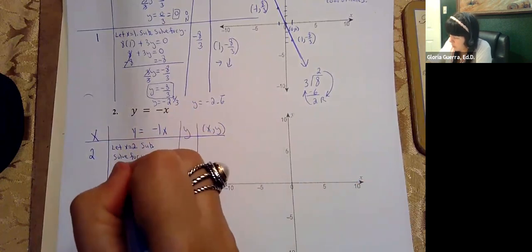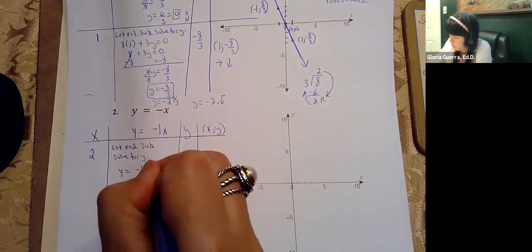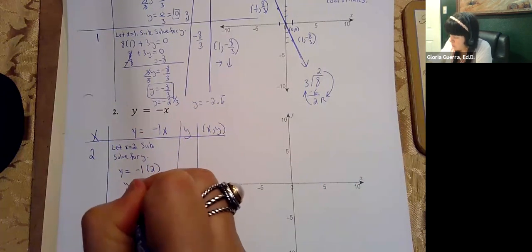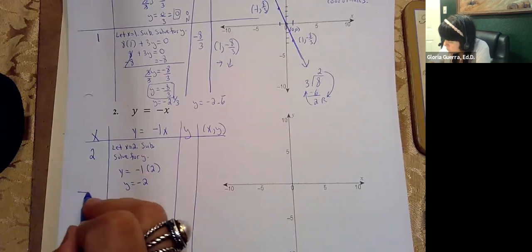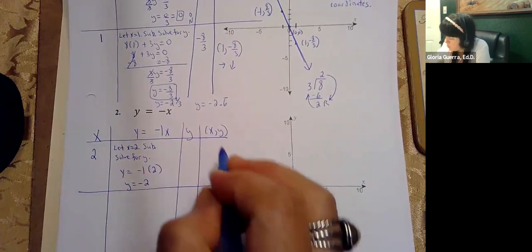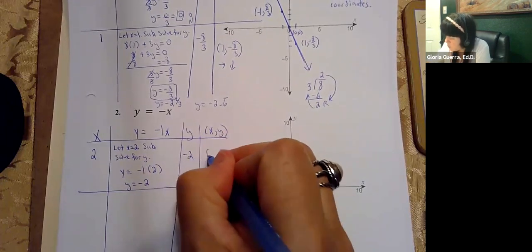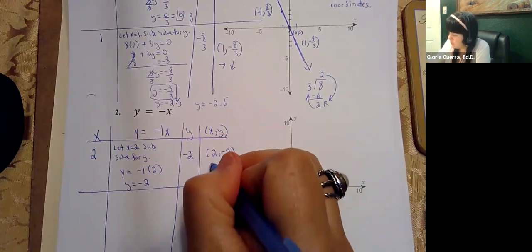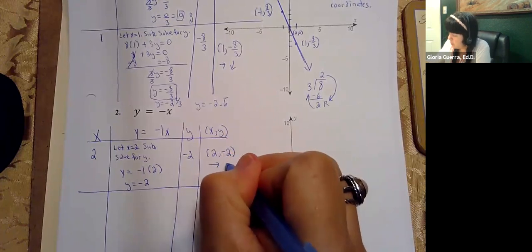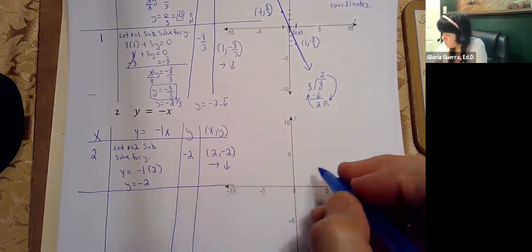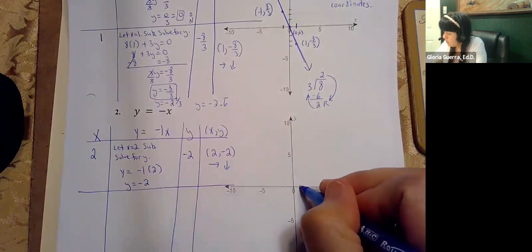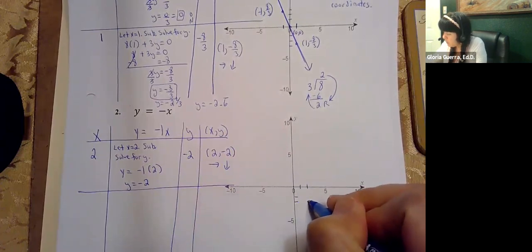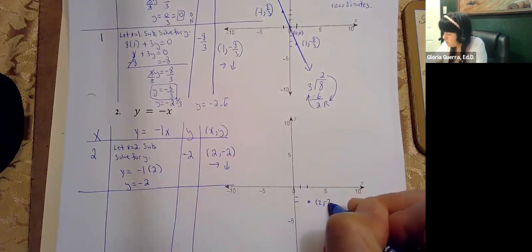So y is equal to -1 times 2, because x is 2, and y is equal to -2. So I have the point 2, -2. You go to the right 1, 2, and then down -1, -2. So that's about right there, 2, -2.